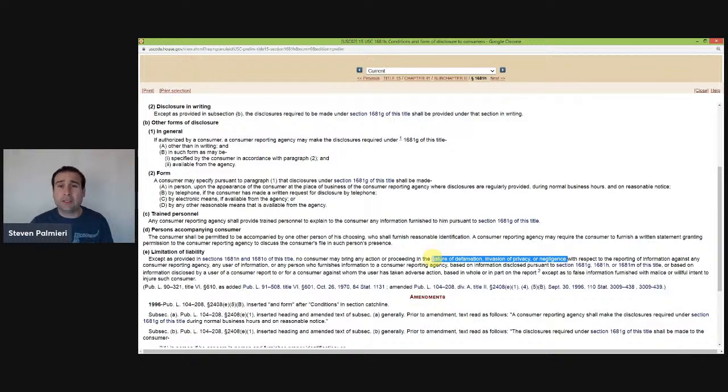So what Congress is saying is that, under the law that Congress is passing, we are removing the consumer's ability to invoke these common law remedies, taking it away, no longer possible, because Congress has now said that these are no longer applicable, unless, of course, it's false information furnished maliciously.